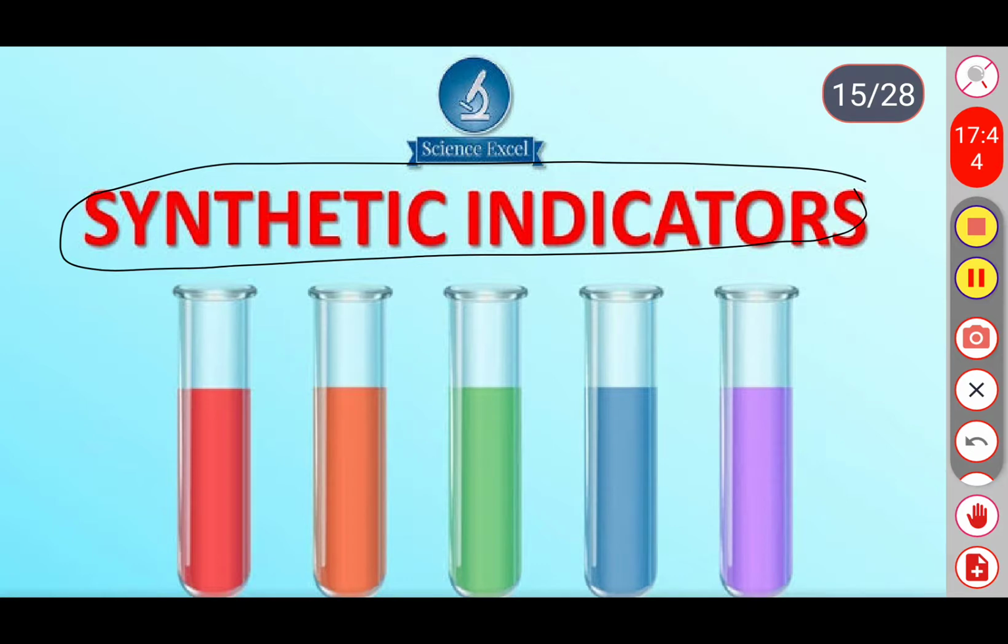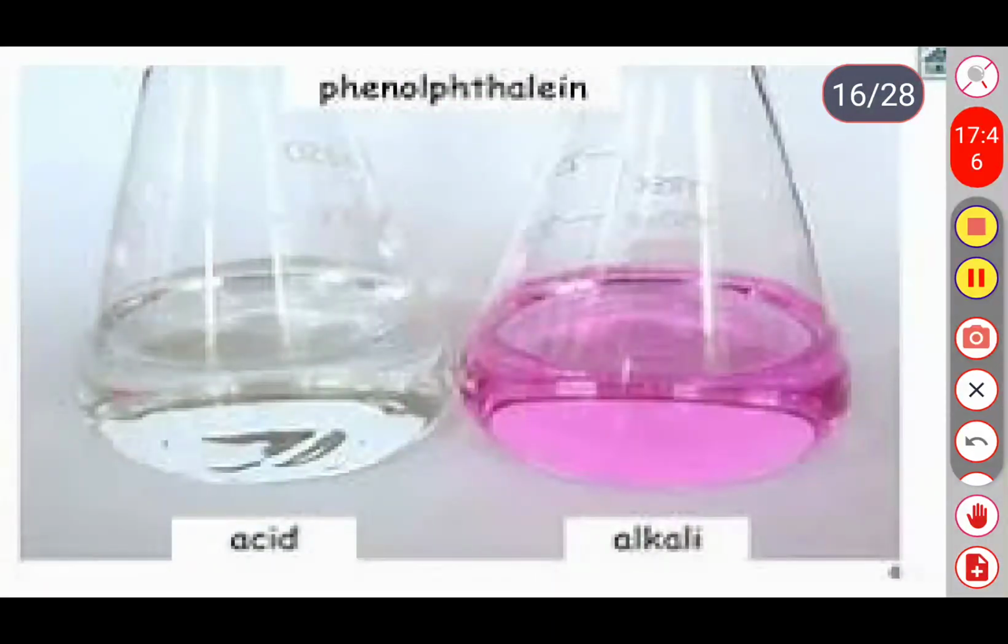See the first one, phenolphthalein. It is one type of synthetic indicator. It is a purely colorless compound, and an alcoholic solution of phenolphthalein is used as an indicator.